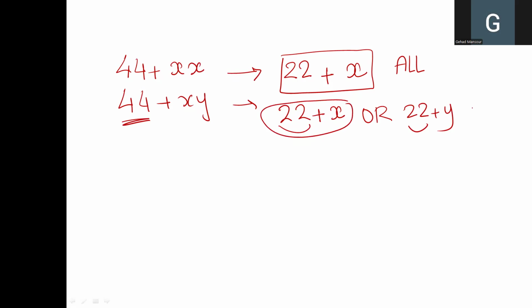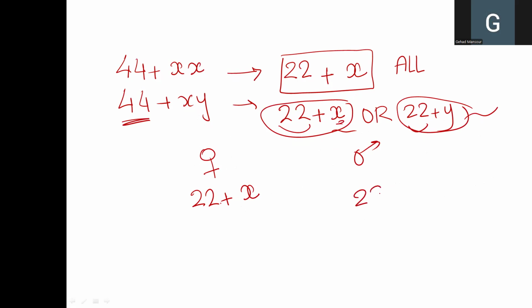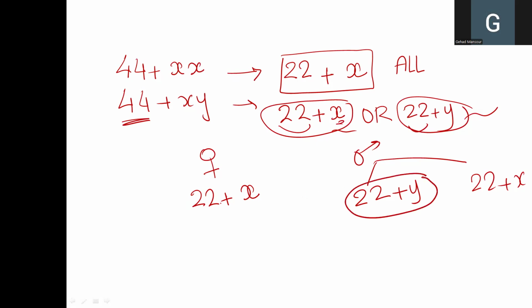But if you divide XY during meiosis, then half of the sperms will contain X and half will contain Y. So we have the female gamete 22 plus X and the male gamete either 22 plus Y or 22 plus X. If a sperm 22 plus Y is the one that fertilizes the ovum, then the resultant will be 44 plus XY, and it will be a male.